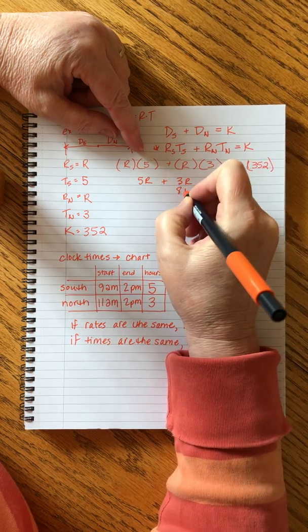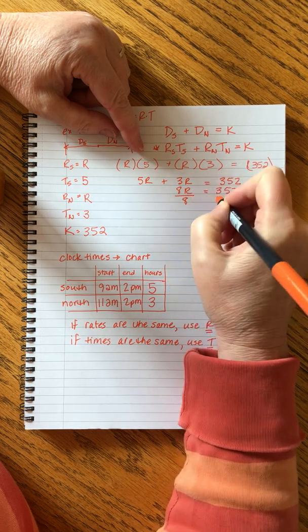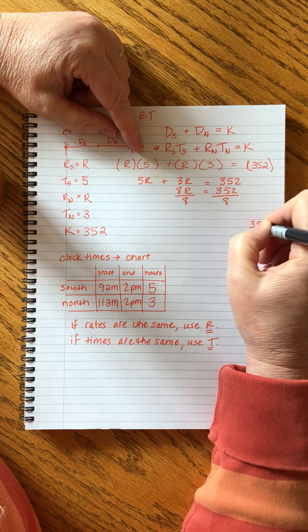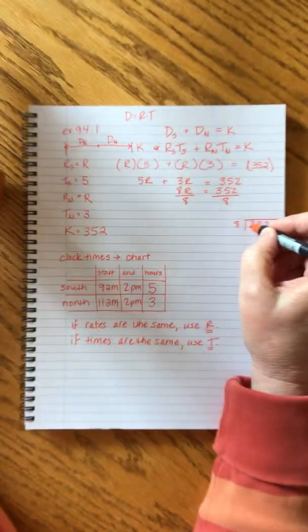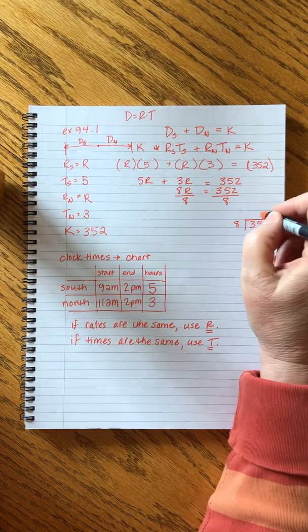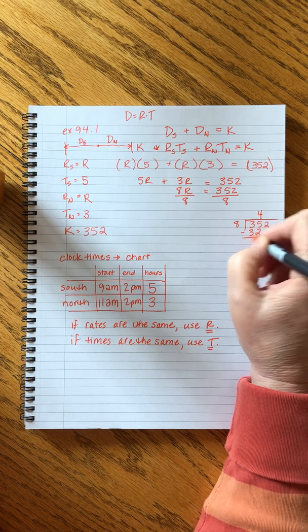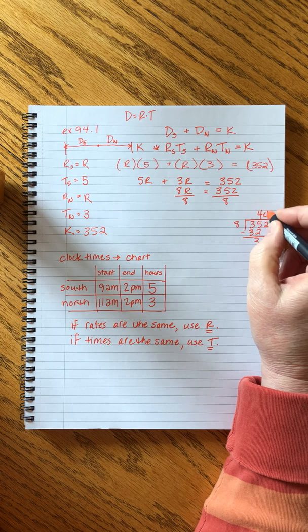Then I can add like terms. And let's take 352 and divide it by 8. 8 into 3, nova. 8 into 35 goes 4 times, right? 8 times 4 is actually 32, so I subtract and I bring down, oh look, and I get 32 again.